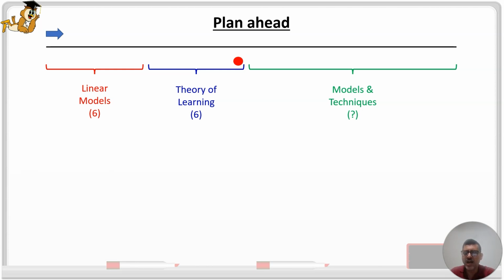Those are models, those are techniques, and those will be used in various problems. So that's the plan ahead. We are probably around the halfway mark, and there are numerous models and techniques that we will be studying from this point onwards.